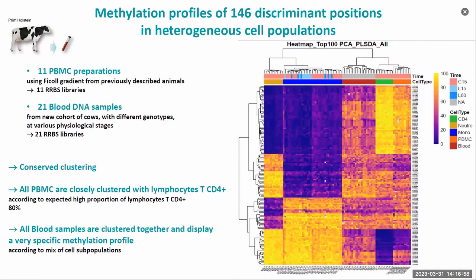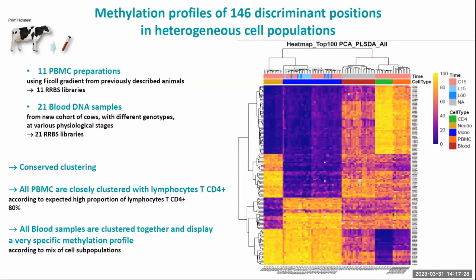The PBMC are closely clustered with lymphocyte T CD4, according to the expected high proportion of lymphocyte T CD4 in the PBMC fraction. And all the blood samples are here and cluster together, displaying a very specific methylation profile according to mixed cell subpopulations.